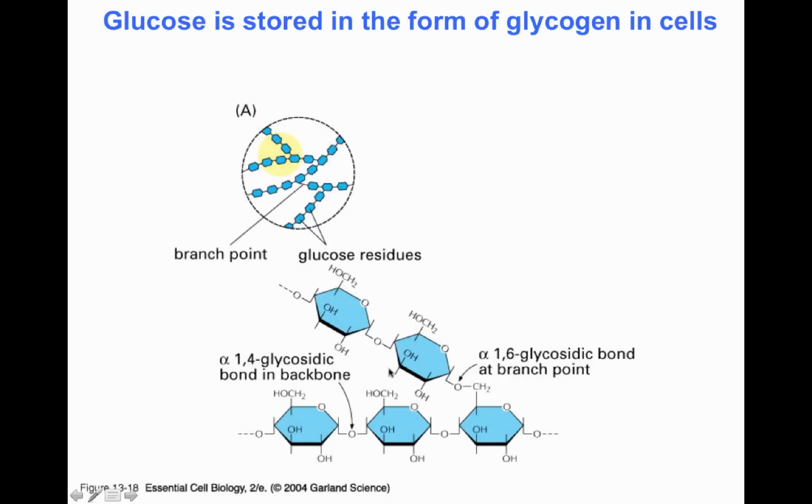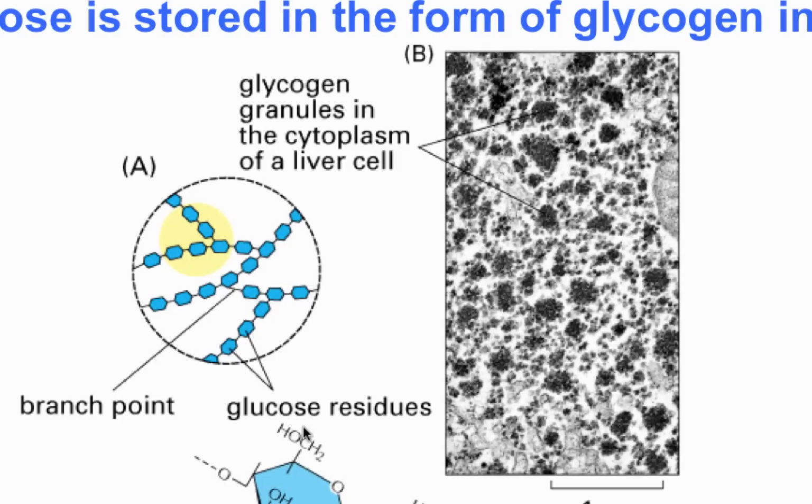For the purpose of our class, we're going to look at how glycogen stores glucose molecules as long carbohydrate polymers, and those glucose molecules can then be used one by one to generate energy for the cell. Here in this other image, what I want to show you inside this liver cell are glycogen granules, and those glycogen granules are ways in which glucose is stored for later use in the liver.